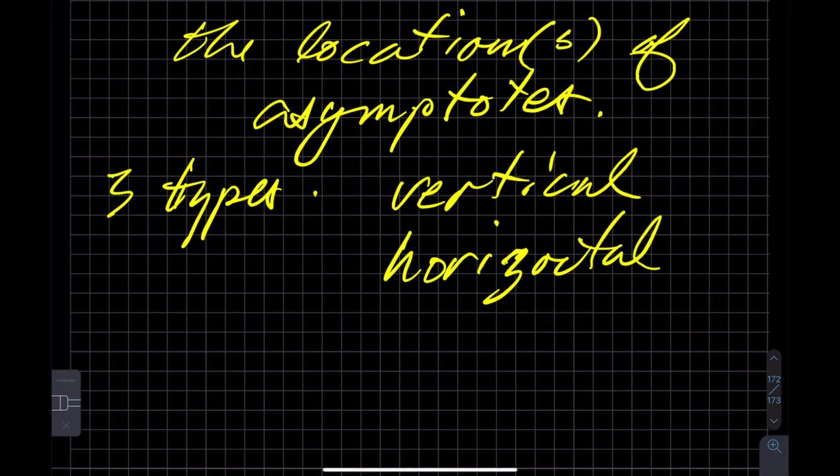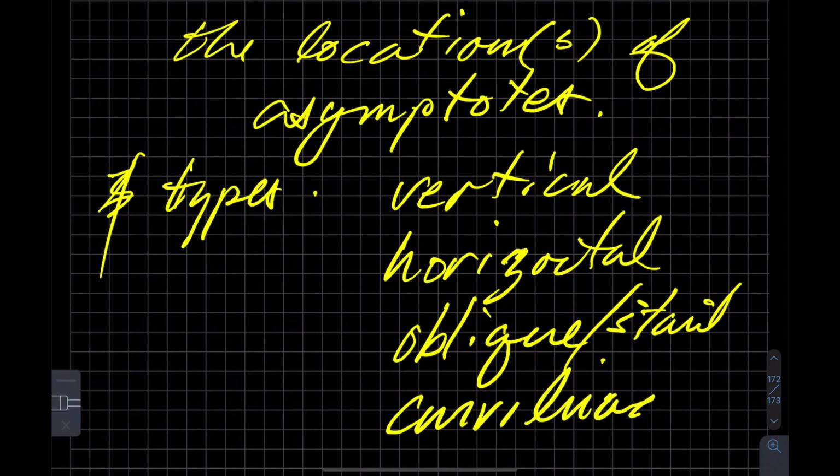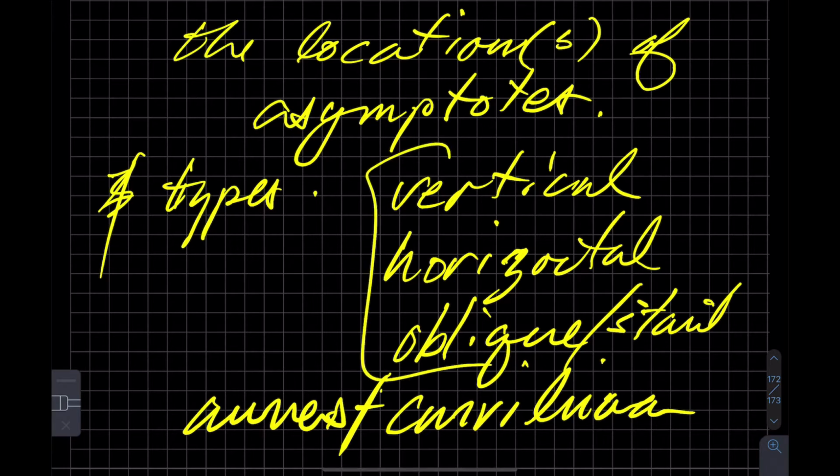And then there are, I guess maybe there's even 4, because it depends on how you chop them up. Oblique or slant asymptotes. And then there are curvilinear, if you want. I would say curves. Curves themselves, right? Okay, so they can be curves, or these are all straight. Those are all lines, and then you have everything after that.